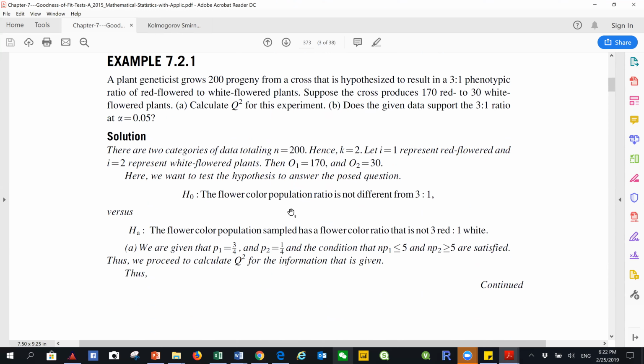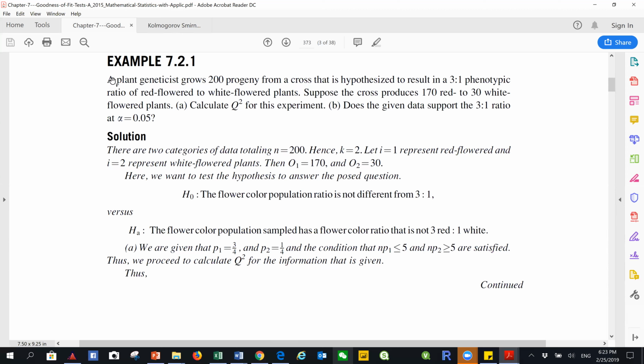Then you calculate the sum of the ratios of these squares, and that sum follows a chi-square distribution approximately, and that's the rationale we use here to conduct the goodness of fit test. All right, and there are two categories.